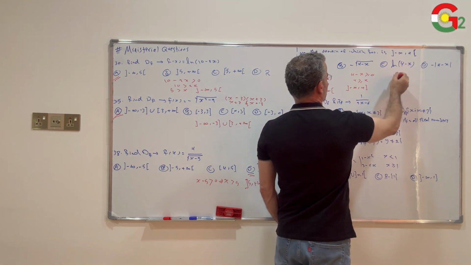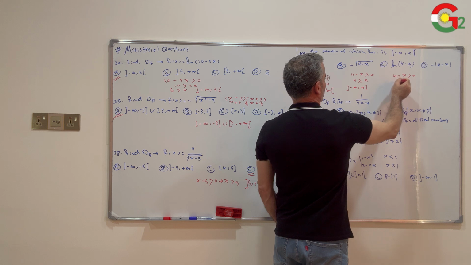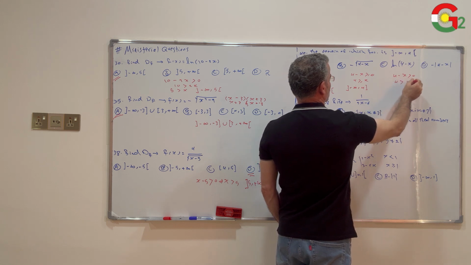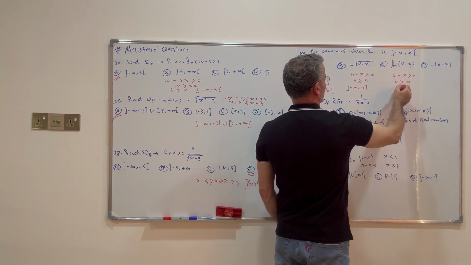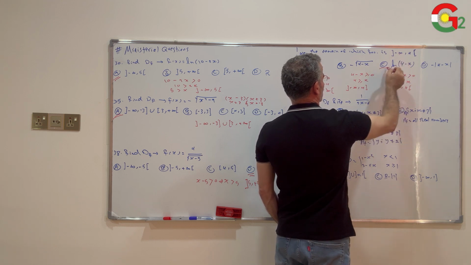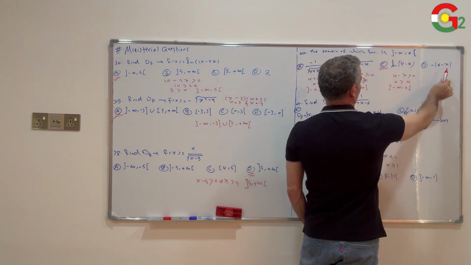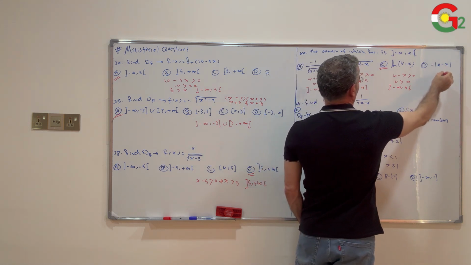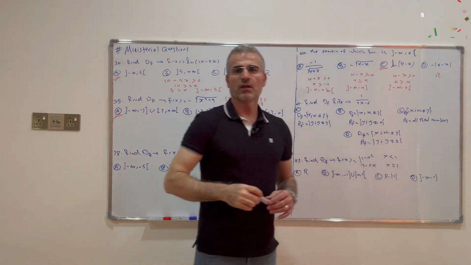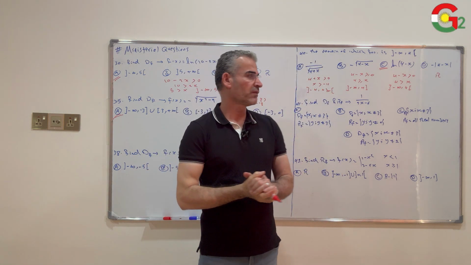Then 4 minus x should be greater than 0, x less than 4. It means negative infinity to 4, open interval. This is the right choice. For the last one, the domain is all real numbers since the term inside the absolute value is a linear function.